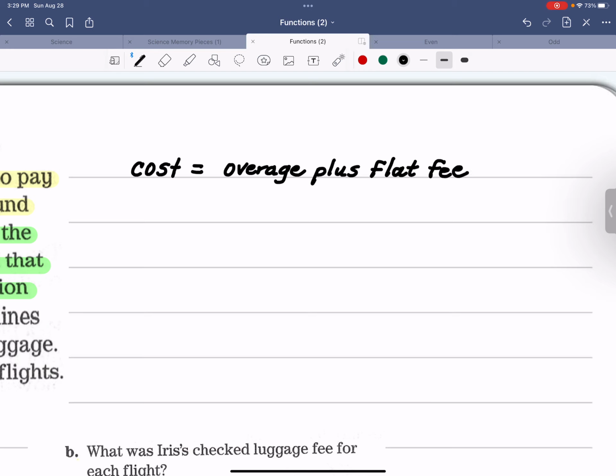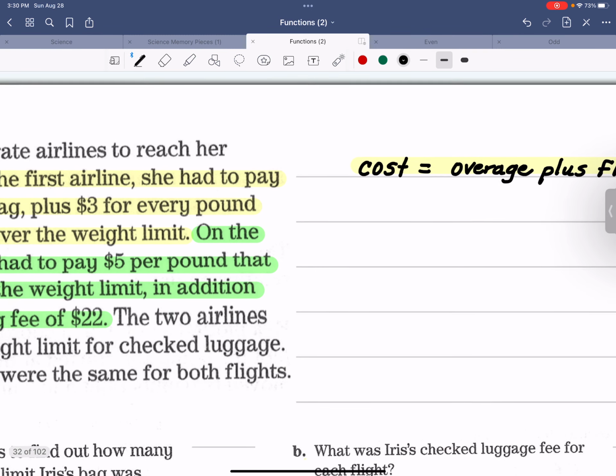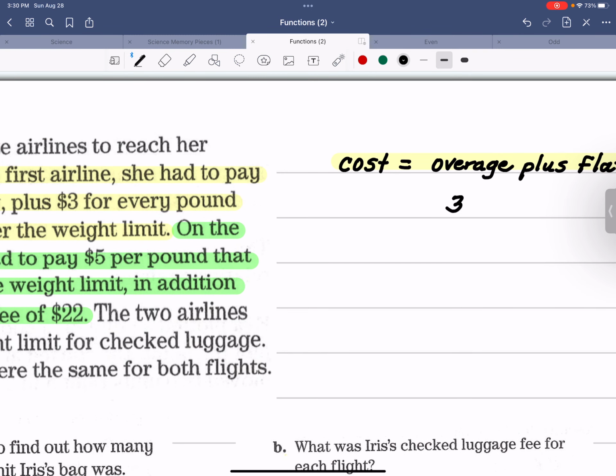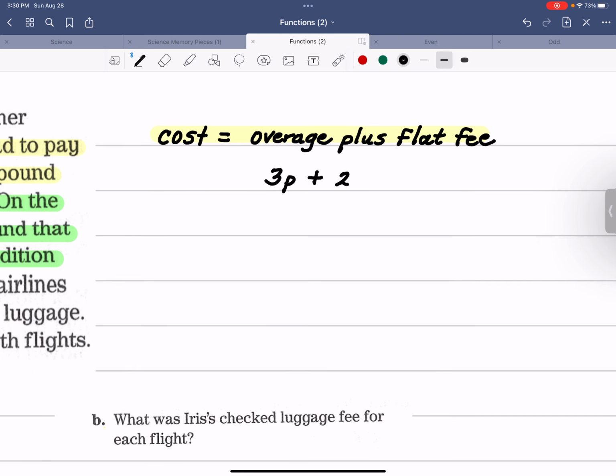And this is the yellow scenario. So we have the overage charge is $3 a pound, plus the flat fee for the first one was $26, and that is the total cost.